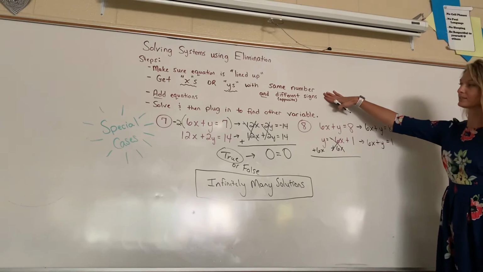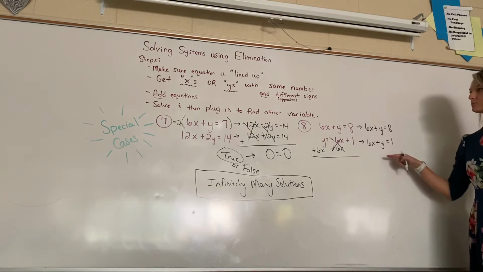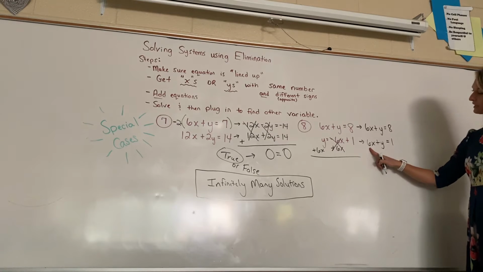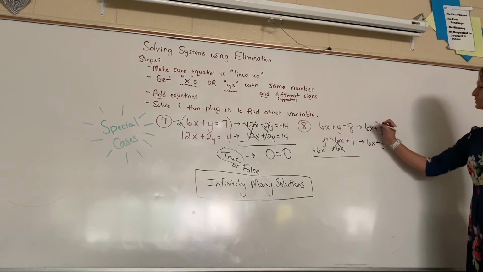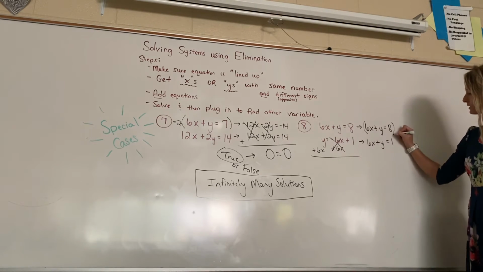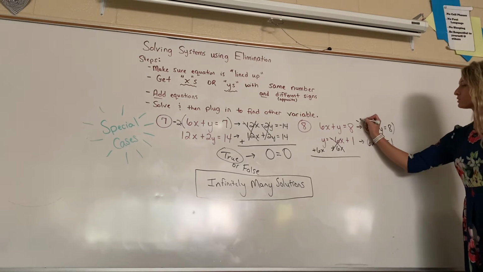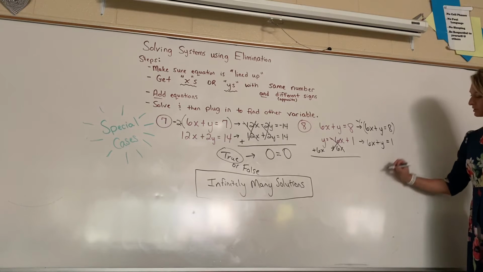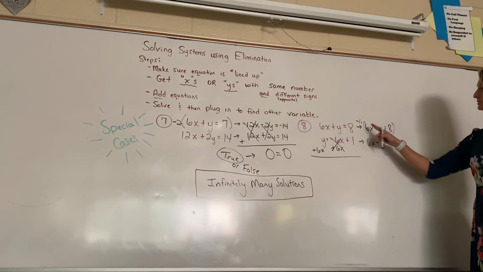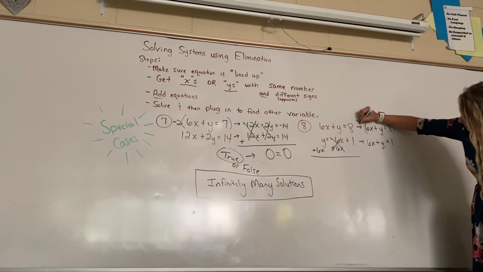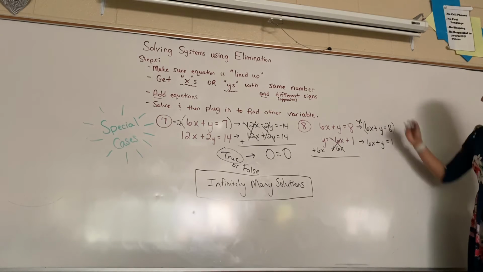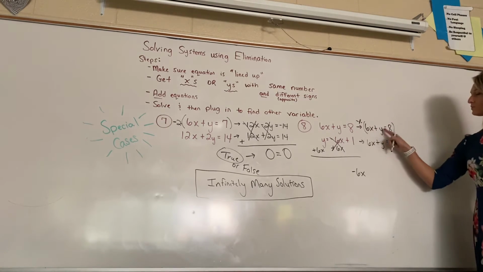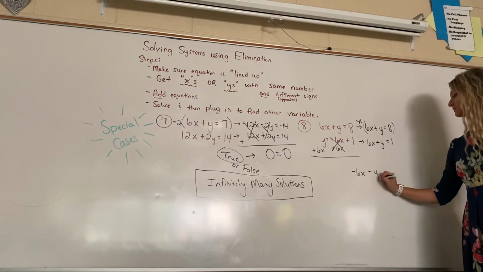Then I can look to see, do I have the same number with different signs? They have the same number, but they don't have different signs. So remember, to do that, you take one of your equations and you multiply it by -1, okay? I'm going to bring my equations down here. So when I multiply by -1, -1 times 6x would be -6x. -1 times y would be -y.